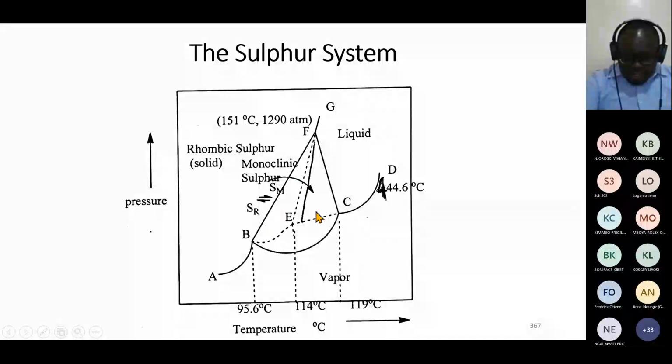This region in between, that is BCF, represents the monoclinic sulfur phase. Then we have this other region here, DCFG, which represents the liquid phase. And the region below here represents the vapor phase for sulfur.